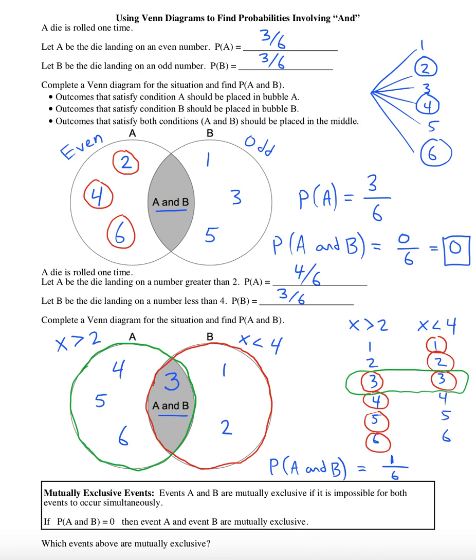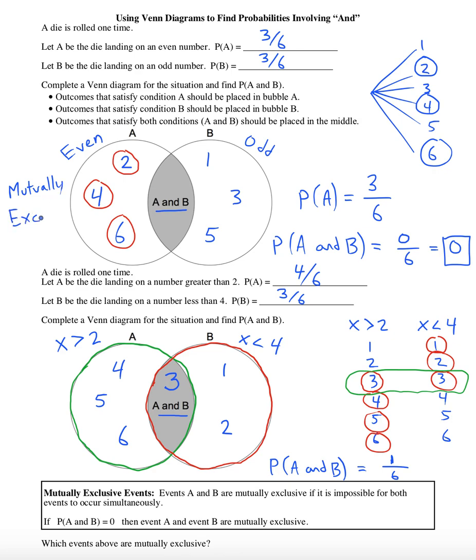Now, which events above represent mutually exclusive events? So one of these situations is mutually exclusive, and the other is not. And the top one is the one that is mutually exclusive.